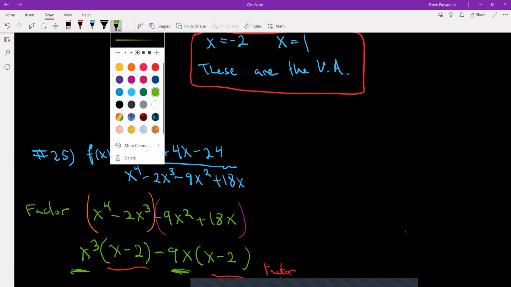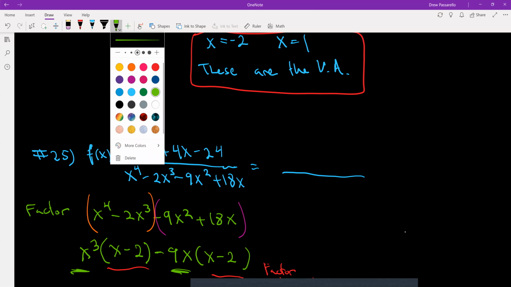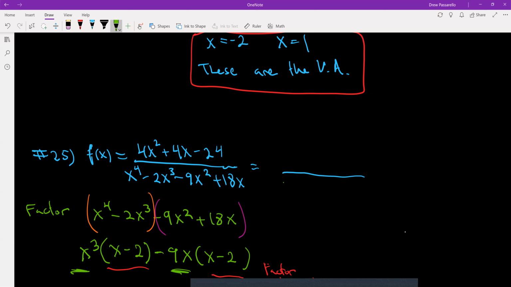All right, so I'm going to equals. Now I'm just going to replace the denominator with its factored version. So it was x and then x minus 2 and then x minus 3 times x plus 3.